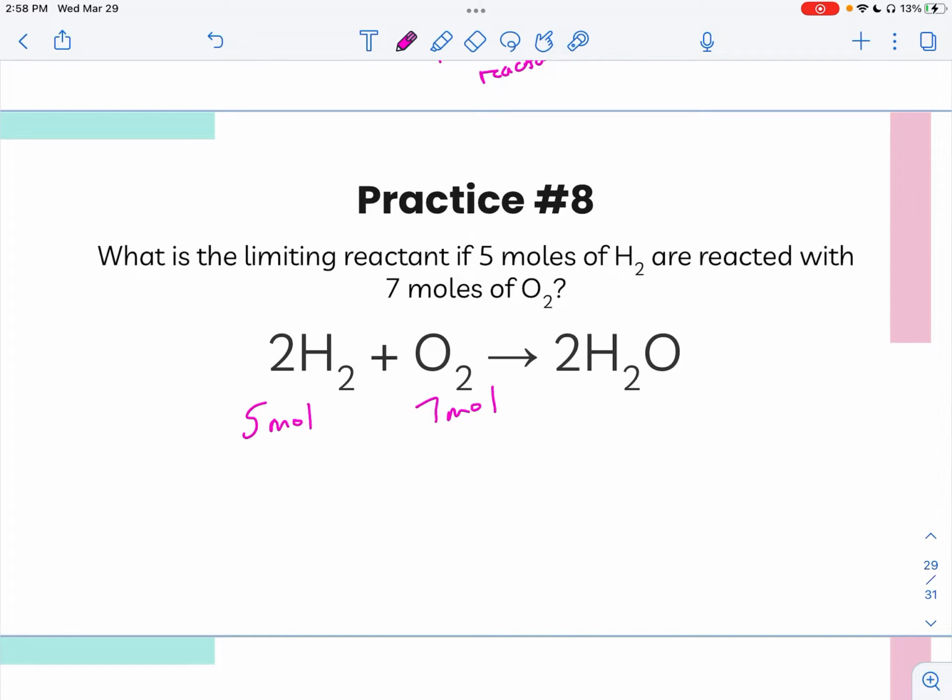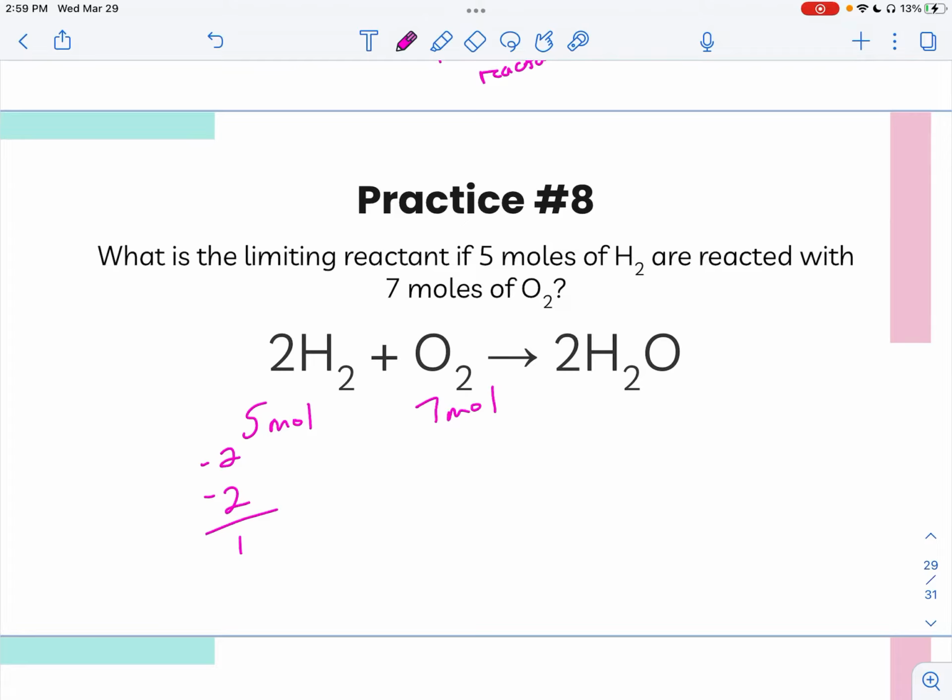I know that that means I can only complete 2.5 times, right? Because my first reaction is going to take away 2. My second reaction is going to take away 2. And after that, I'm only left with 1, which I can't even complete a full reaction.